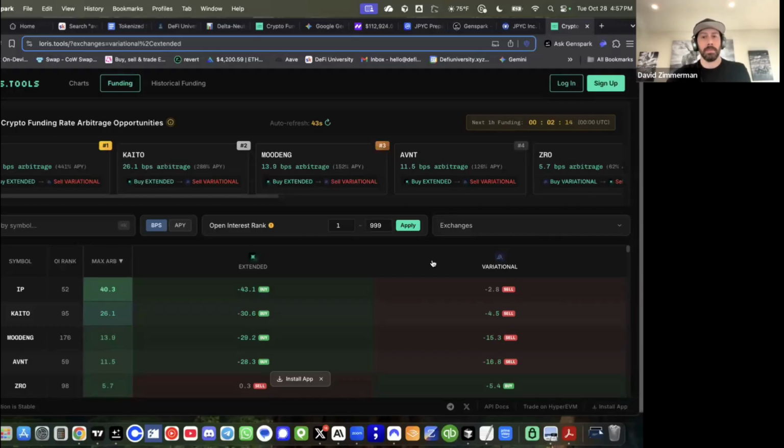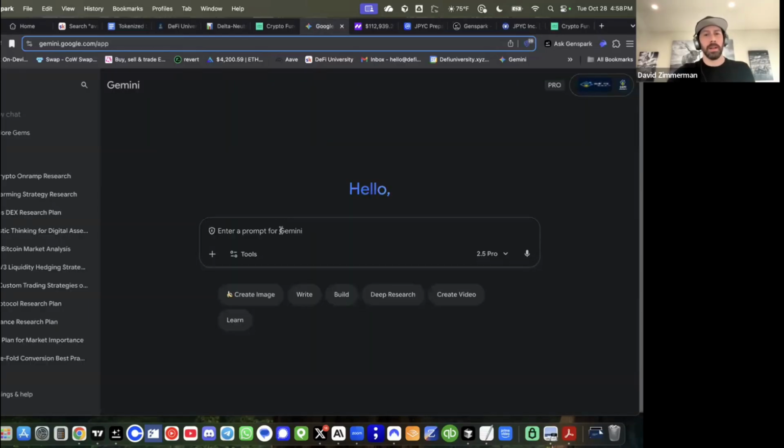That probably is the reason. Maybe less volume here on Extended and maybe more volume here on Variational. But I'm not quite sure, Ramsey, why there's such a big discrepancy here. But to find out, why don't we see if we can find out?